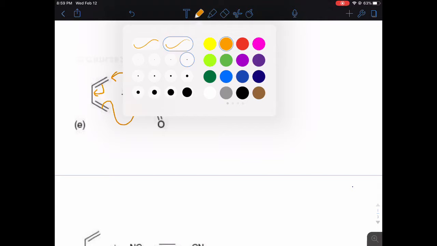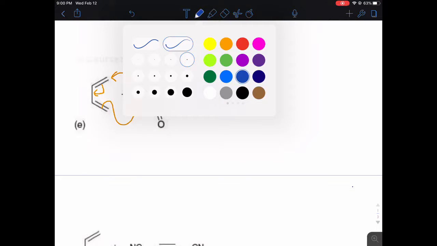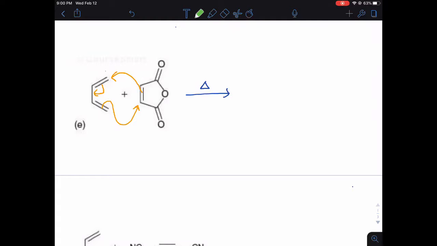So let's draw what this will look like as a product. Remember I said that you're going to end up with a product with a 6-membered ring. So you can go ahead and first draw the 6-membered ring and then fill out the rest. But let's go step by step. If you look at our diene, it has 4 carbons, right?